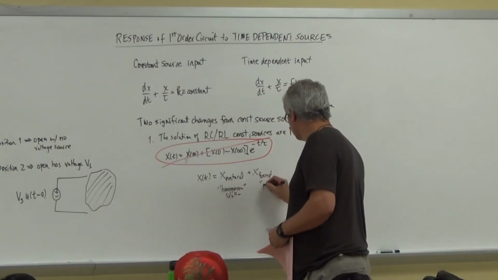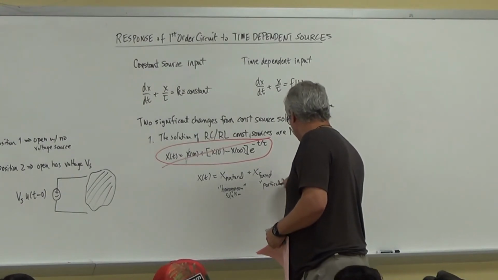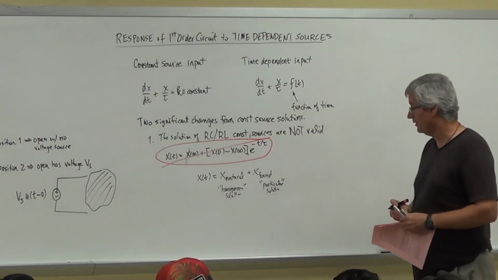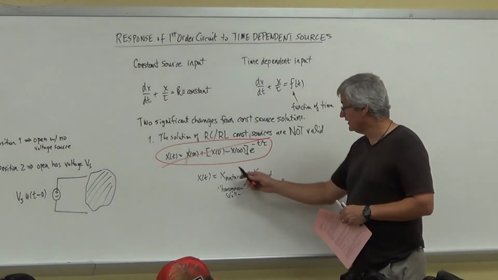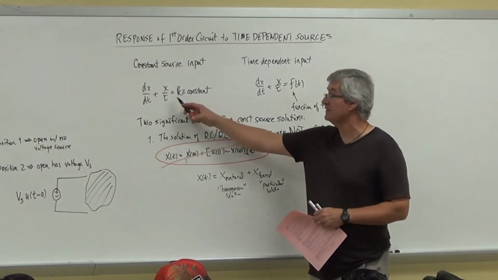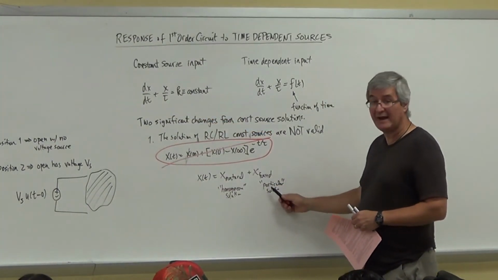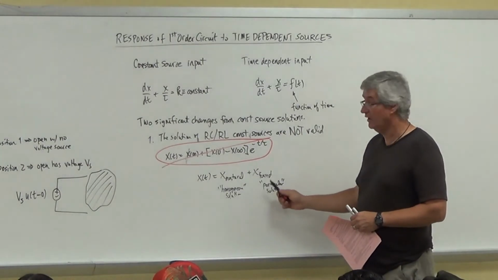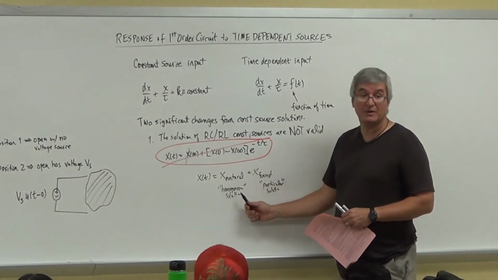And this guy here is the particular solution. So this will come very quick, as we'll find out. We almost get it from this guy right here. And then this is what we have to really pay attention to. So this is not valid. This is what we have to do.